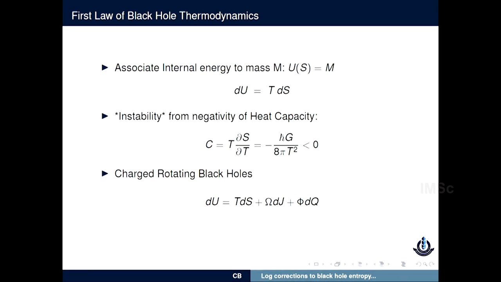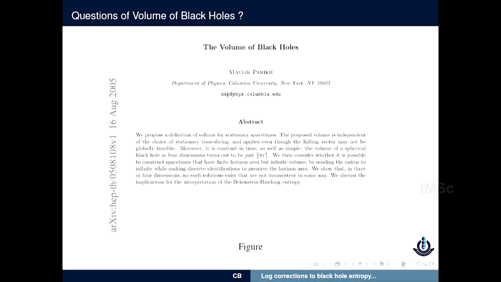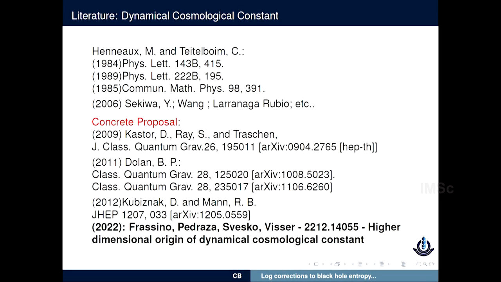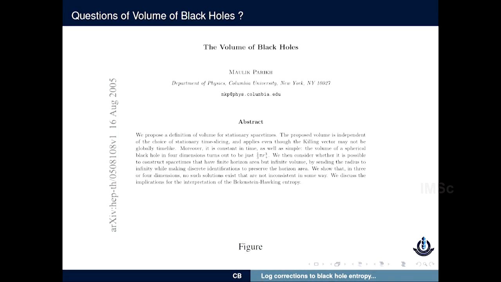So the usual way to do black hole mechanics is to associate the mass of the black hole with the internal energy and have this kind of a first law. And if you have other terms, you add other terms here. So naively, this was discussed in one of the papers by Parikh as well.